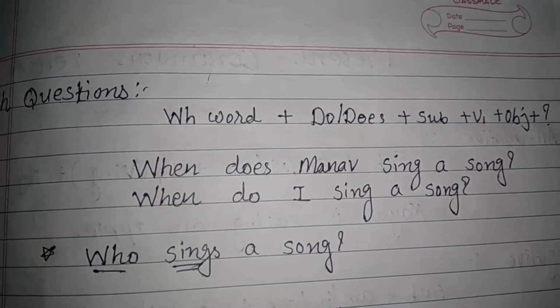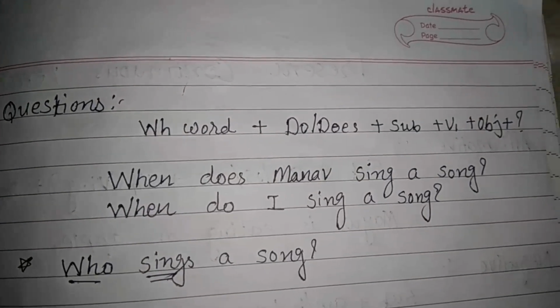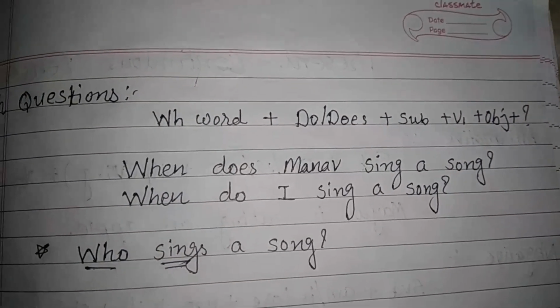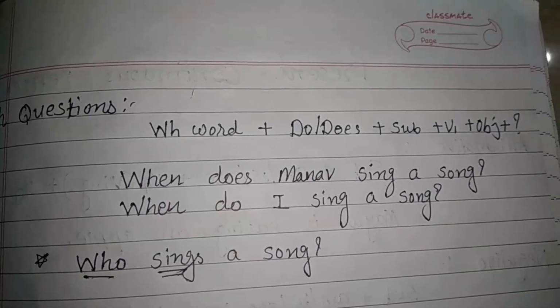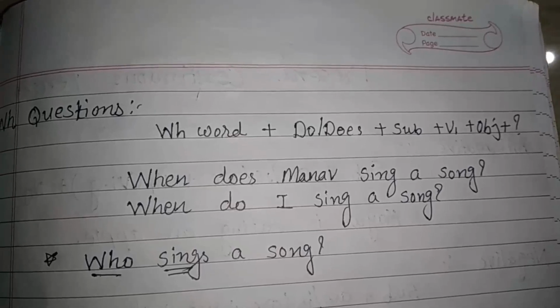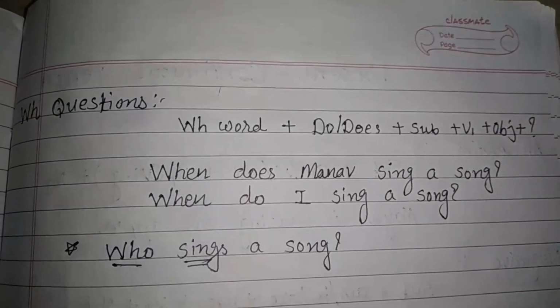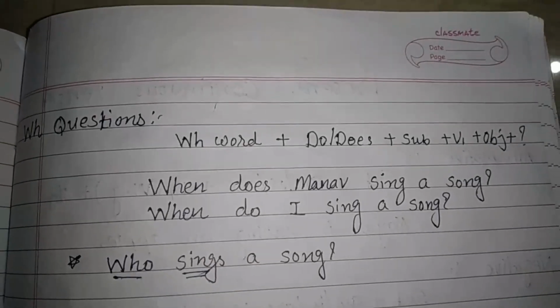Now to make the same tense in WH, the format is WH word plus do or does plus subject plus verb 1 plus object and question mark. Question mark is very important. Don't forget to write question mark. When does Manav sing a song? When do I sing a song?